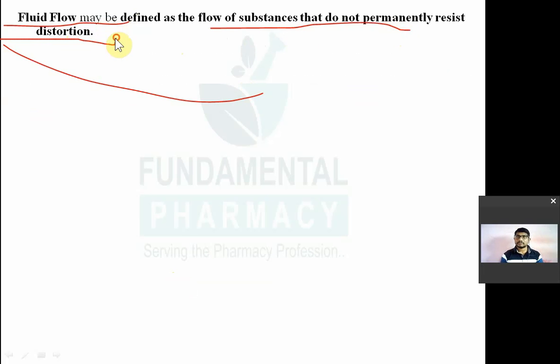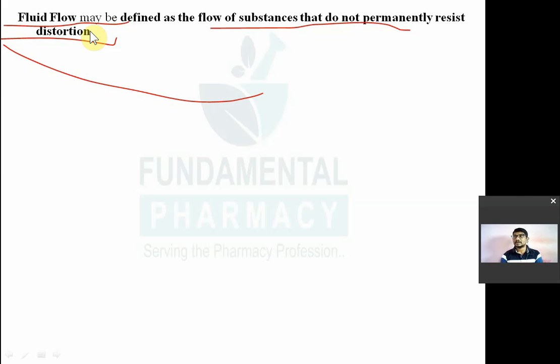Suppose you have a liquid and you apply stress to it, meaning you apply a force to make it move. Stress means force. So if you apply stress to a liquid or a fluid, there will be distortion, a change in the shape of that fluid initially, and then because of that applied force or stress, it will gain another shape.